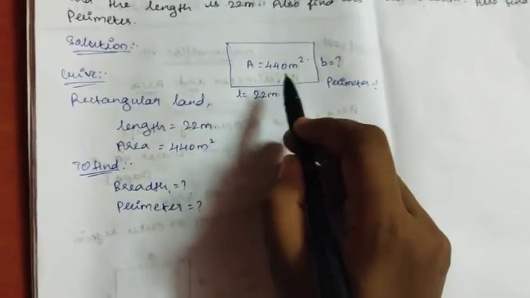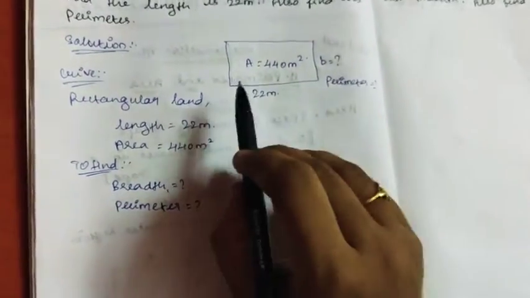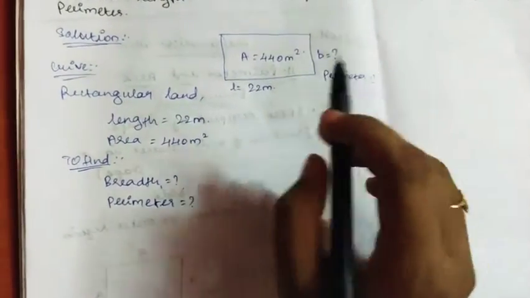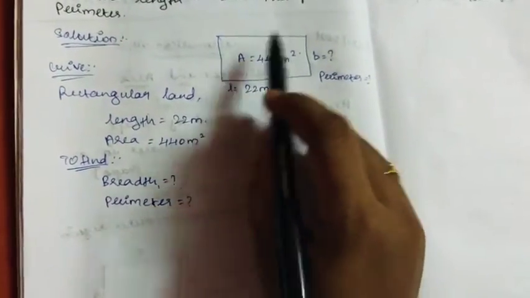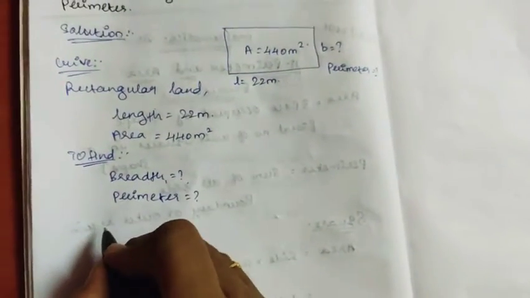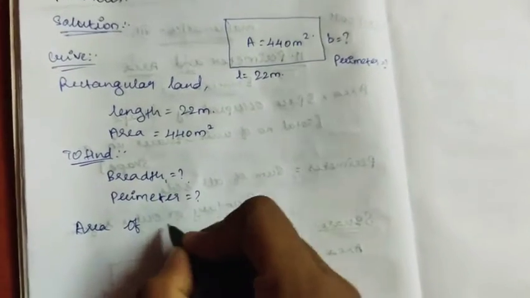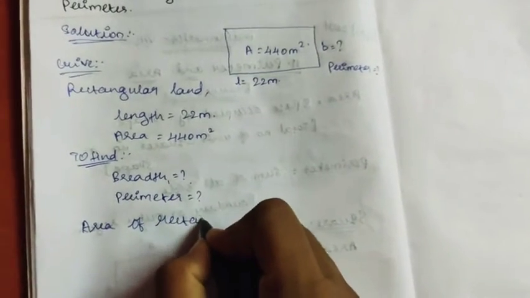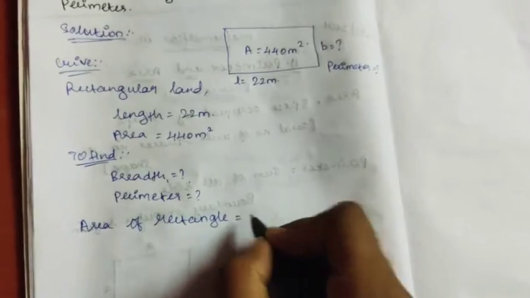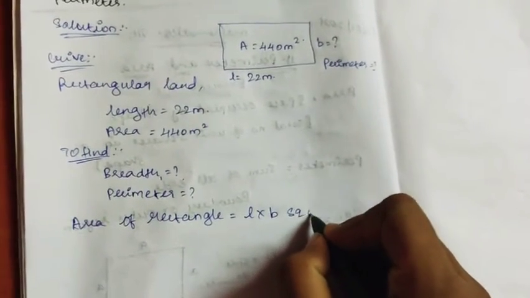We are going to substitute these values in the area of rectangle formula. So, what is the area of a rectangle? Area of rectangle equals length into breadth square units.